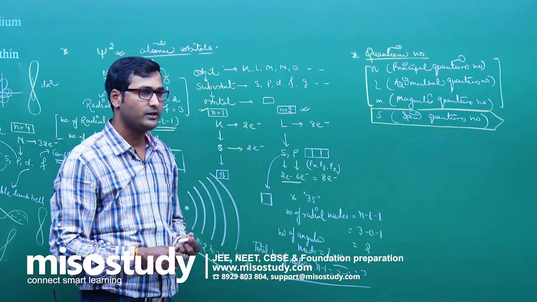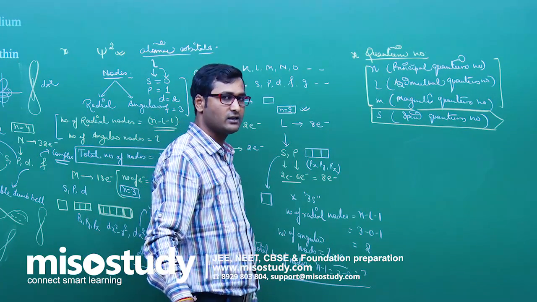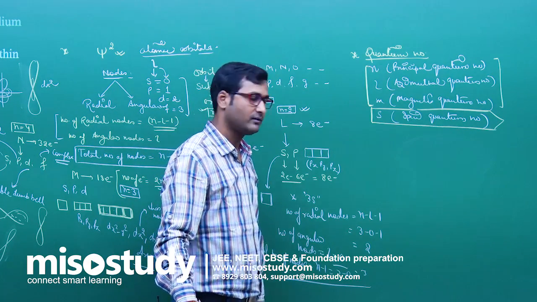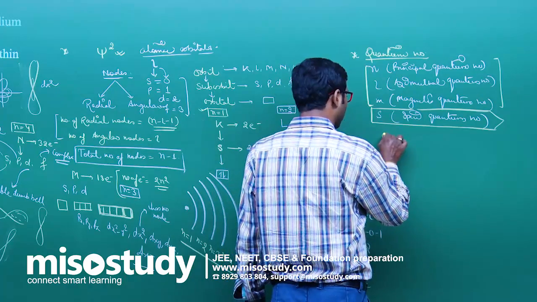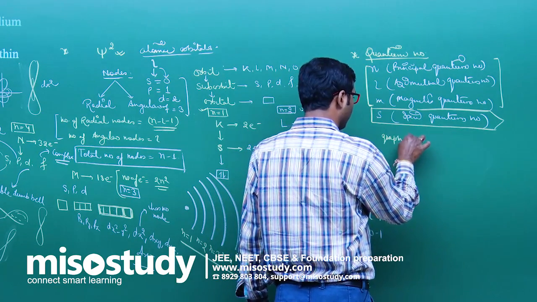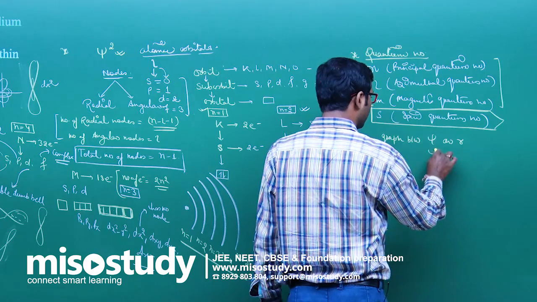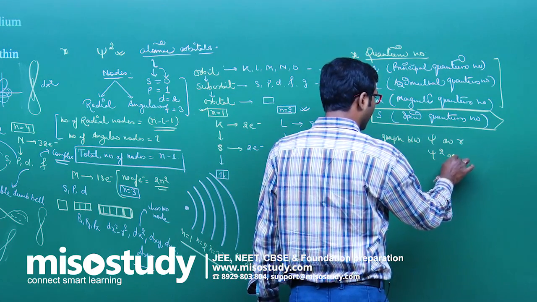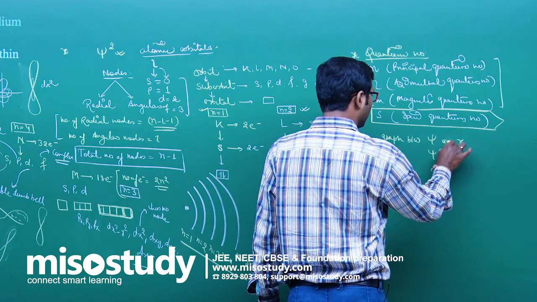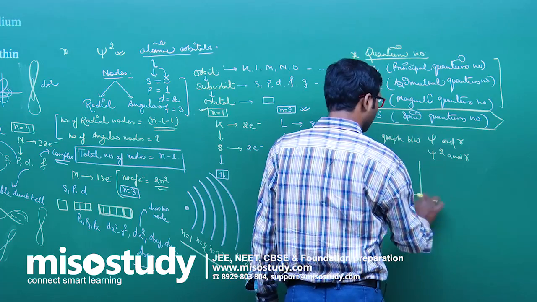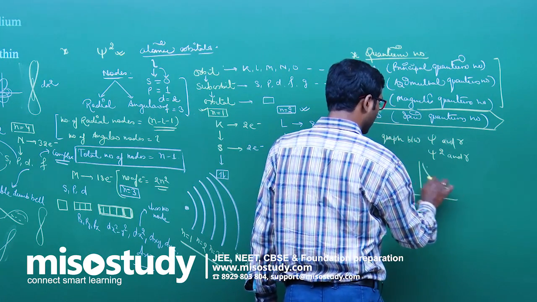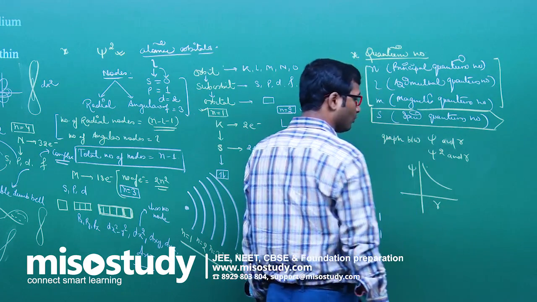Then I have discussed orbital, the Schrodinger wave equation, that is the significance of psi. Then the graph also, you have to focus on the graph between psi and r, or psi square and r, like this graph. For 1s we know this type of graph we are getting, no nodes.